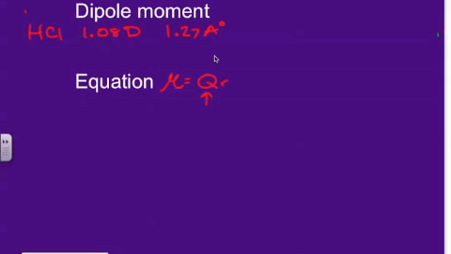If we are looking for Q now, we can convert this equation to mu divided by R will give us Q.